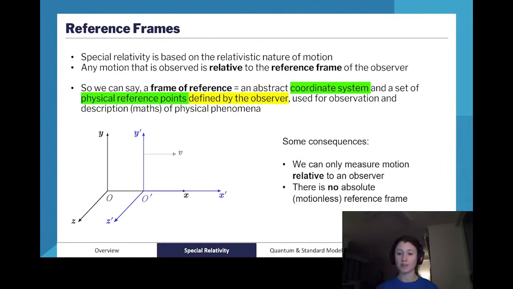Alright, an interesting example of this before I quickly move on to the next topic is the classic example of a box, right? Moving through space. If you are in a box with no windows, so you can't see out, right?